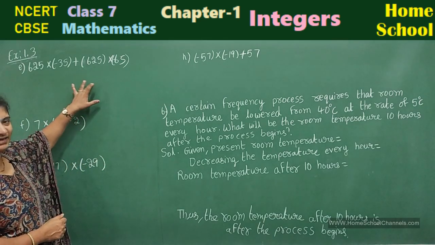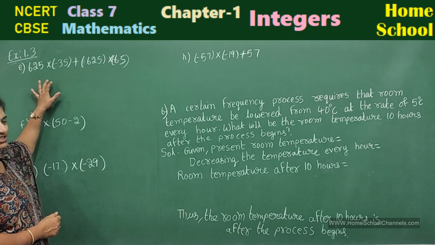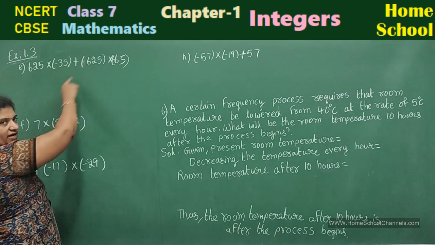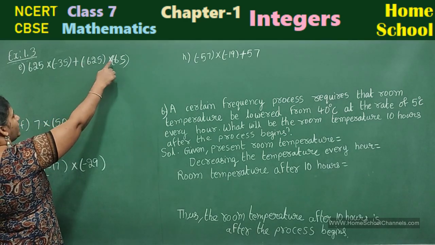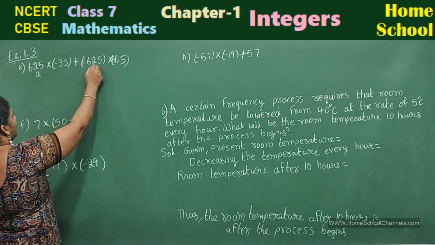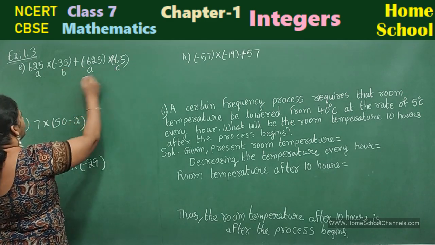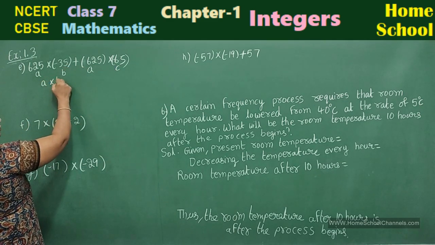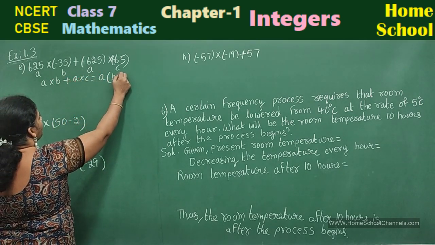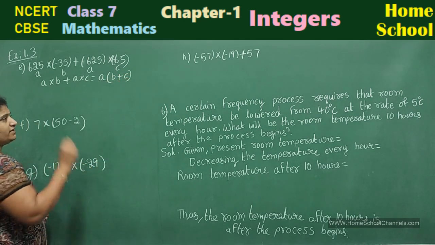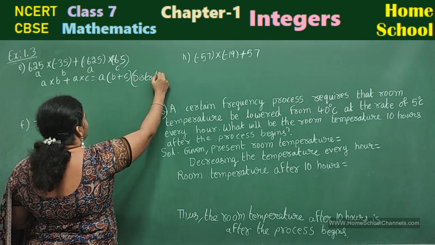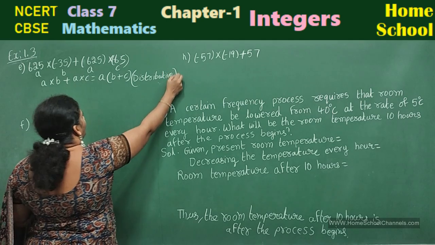Then I can say distributivity of multiplication over addition of numbers. Here minus 625, this minus you can write with 65. Now both are the same. I can say this is A, this is B, this is C. It is in the form of A into B plus A into C. That means A into B plus C is the property. Which property is this? Distributive. This is the distributive property. Okay.